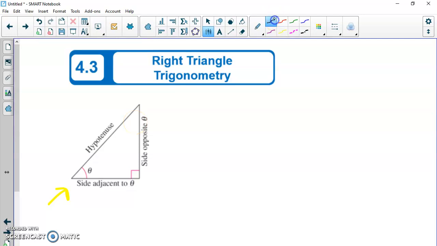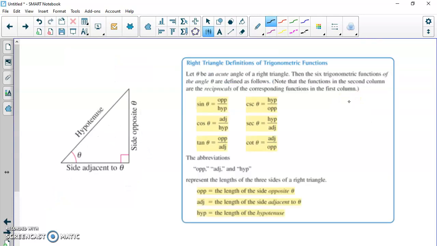So last year you learned about SOHCAHTOA. If you forget what those stand for, here are the three that you learned last year: sine, cosine, and tangent of the angle we were dealing with, bottom left here. Sine is opposite over hypotenuse, cosine is adjacent over hypotenuse, and tangent is opposite over adjacent.